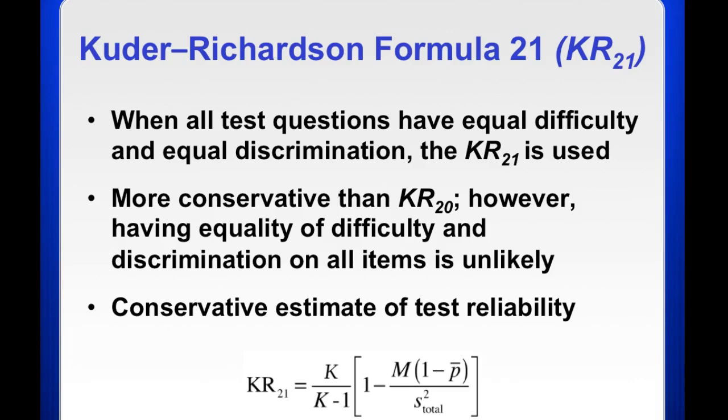The KR21 is the more conservative of both equations. And in the book it explains that you want to be as conservative as possible. You want to not overestimate how reliable your test is.